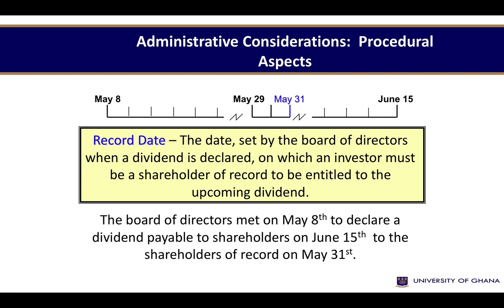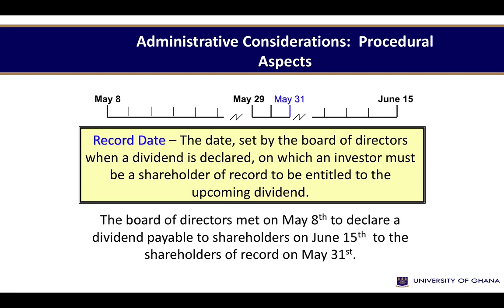The board of directors sets a date on which an investor must be a shareholder of record to be entitled to the upcoming dividend. So that's the date of recording. On that day, if you're not a shareholder by that date, it typically means that you do not qualify to receive the dividends when they are declared.